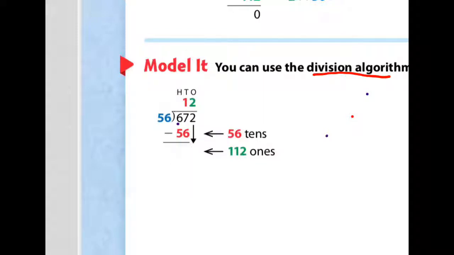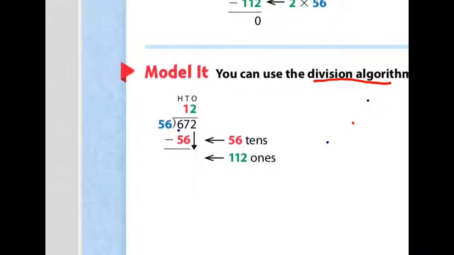Okay, that's better. So remember, in this one, 67 tens minus 56 tens was 11 tens. Now, bringing down the 2 is just saying if you combine 11 tens, 11 tens is the same as 110 ones.